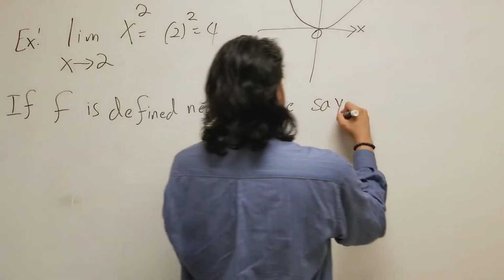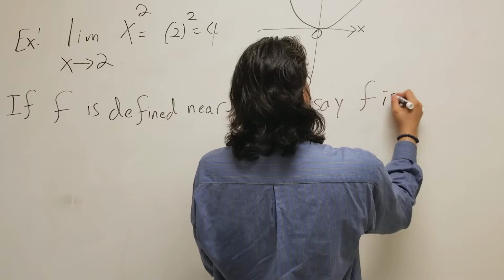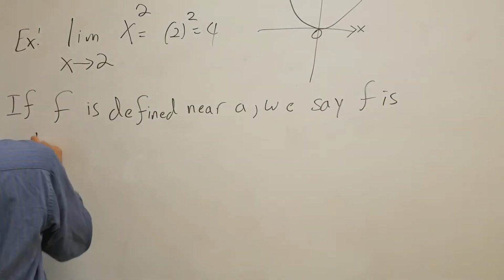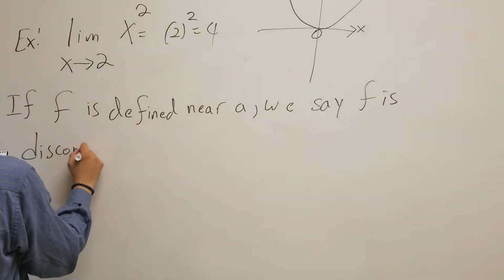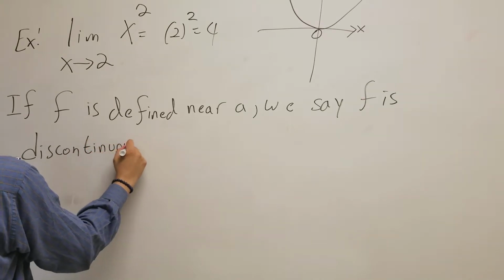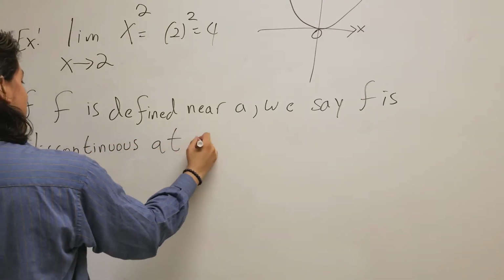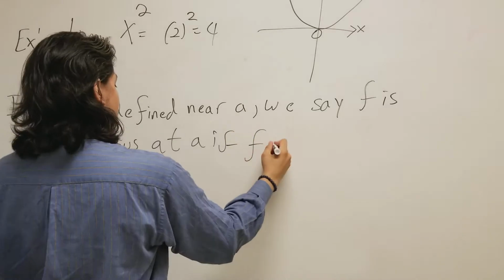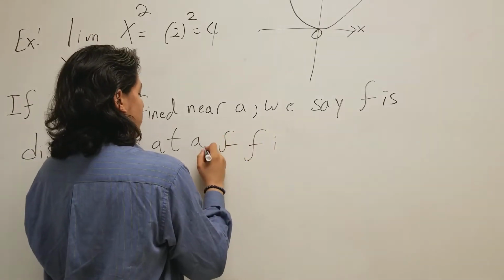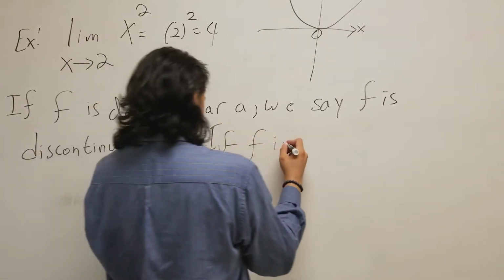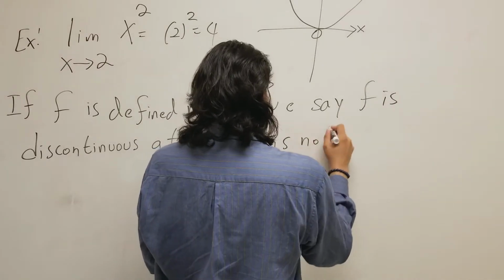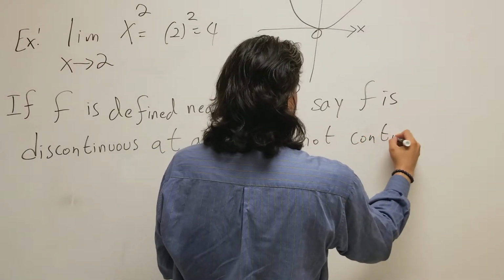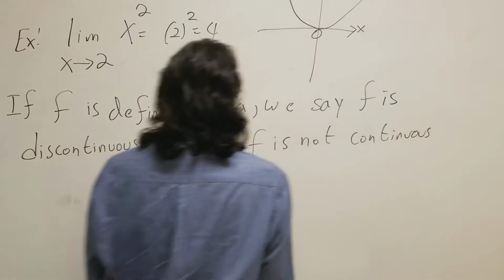We say f is discontinuous at a if f is not continuous at a.